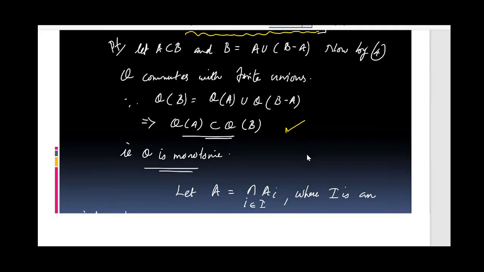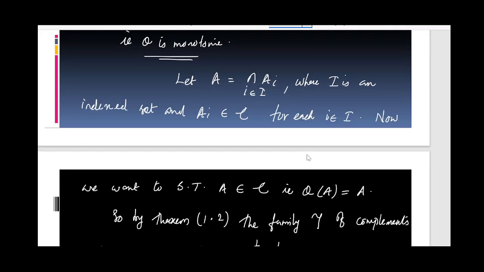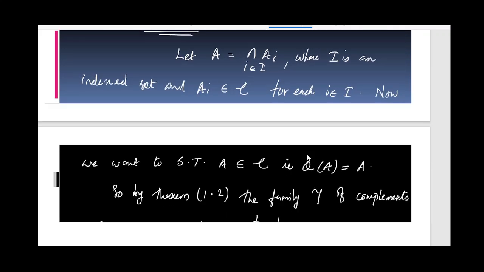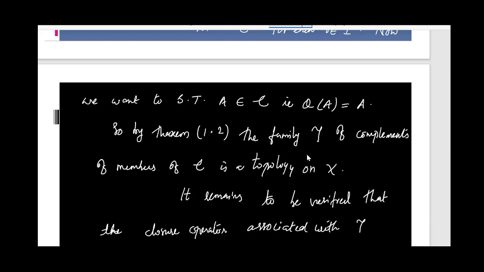Then we take the arbitrary intersection and have shown that it satisfies the arbitrary intersection. Whatever remains for us is to verify that the closure associated with the topology coincides with our theta.